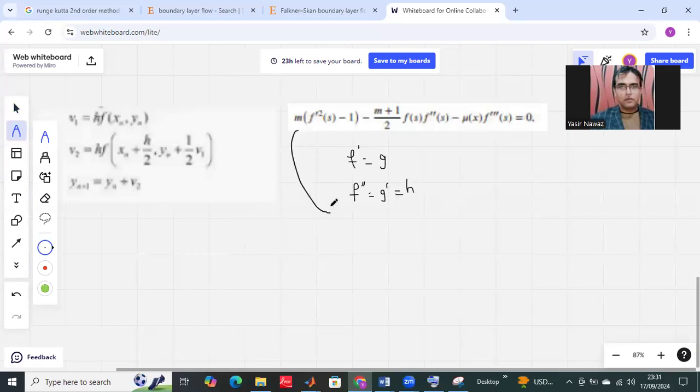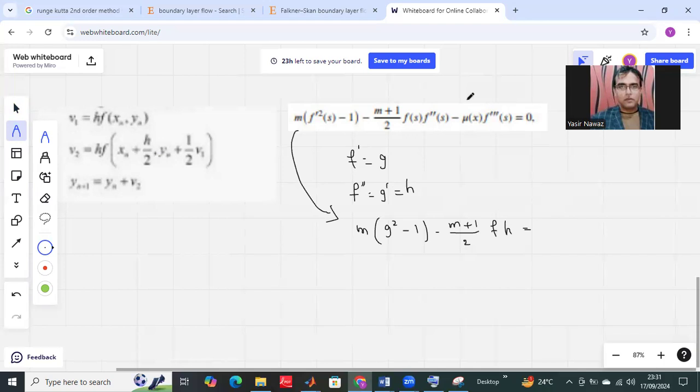Now this equation can be written as: f prime is g, so I will write g square minus 1 minus m plus 1 over 2 f, and then f double prime would be h.